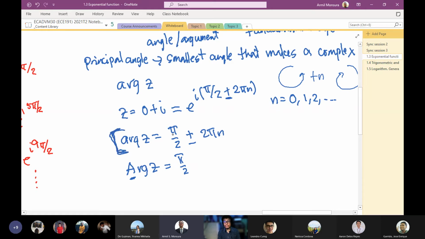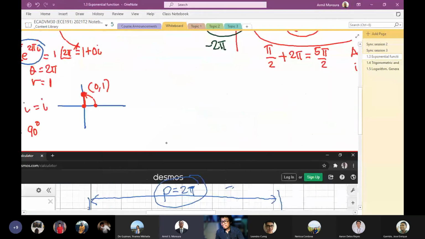This notation points to all of the angles. But if I actually just want the principal angle, I would use this notation. Okay? Is that clear? Okay, so far may questions pa kayo?